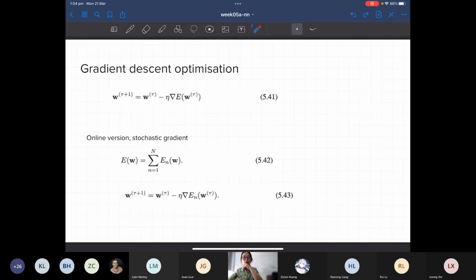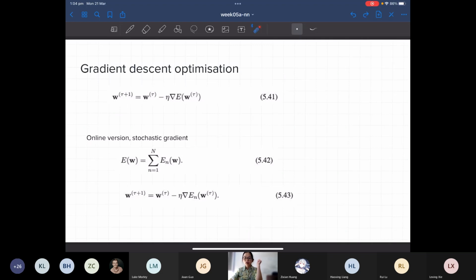Okay, so we've established that we wanted to compute the gradients of error functions, and we wanted to perform this downhill skiing operation on the weight space. That's the first equation. And a lot of you have done SGD, so it's basically the online version.